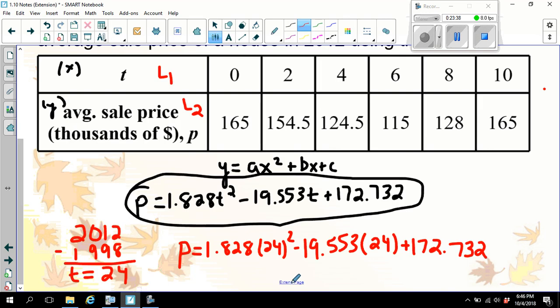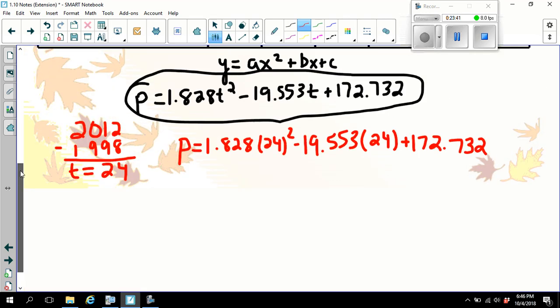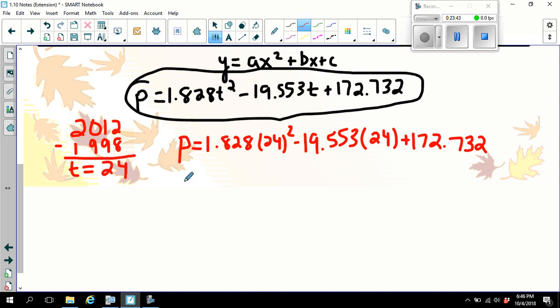Okay, I'm going to go down a little bit. There we go. So we get our price as 756.388. Now, it wouldn't really make sense if they only had to pay $756, right?